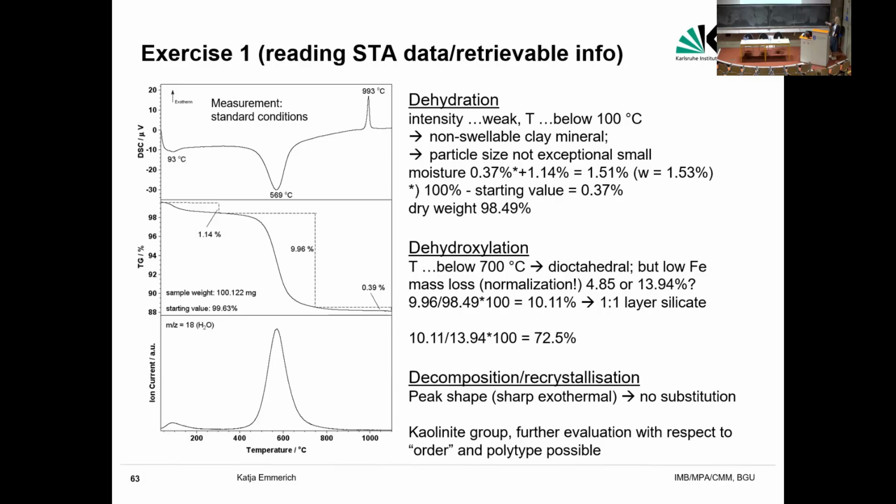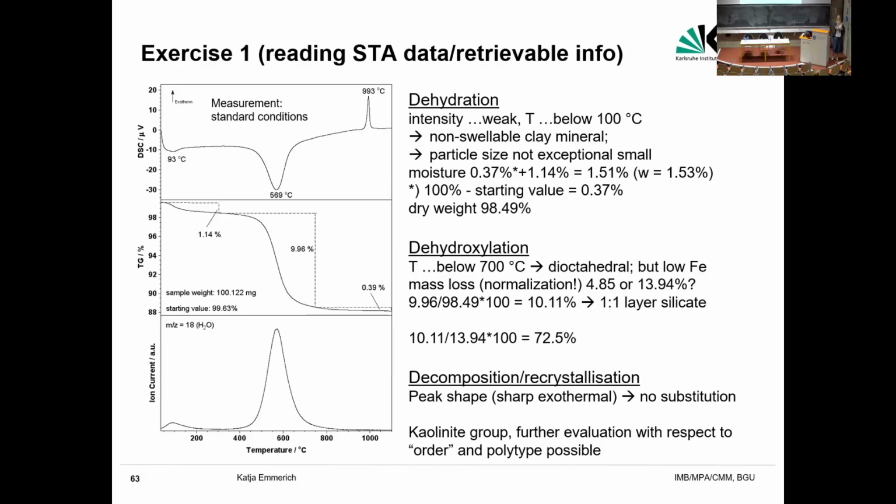Okay, then we get the dry weight, so 100% minus the moisture. This is the dry weight. And then any following mass loss, we have to normalize to this dry weight, because all the stoichiometric calculations we did are related to an anhydrous structure.